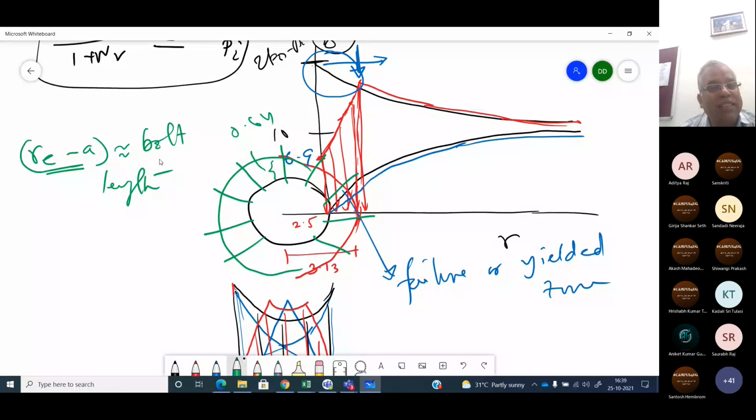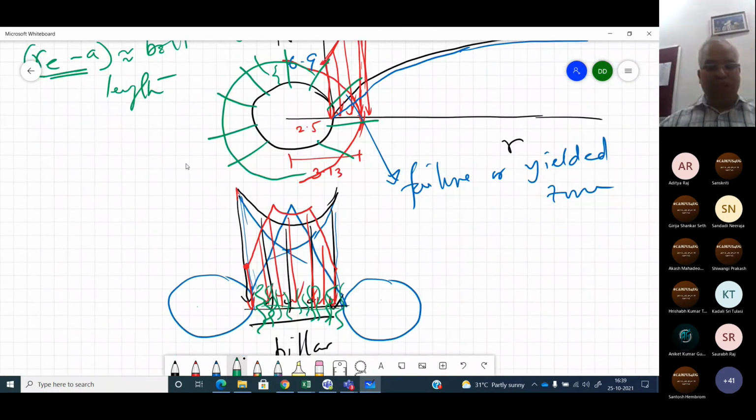So this is the minimum length required. It should be more than that. So Re minus a is a very important factor here. We also get an idea of the support system, how much and how long it will be required.